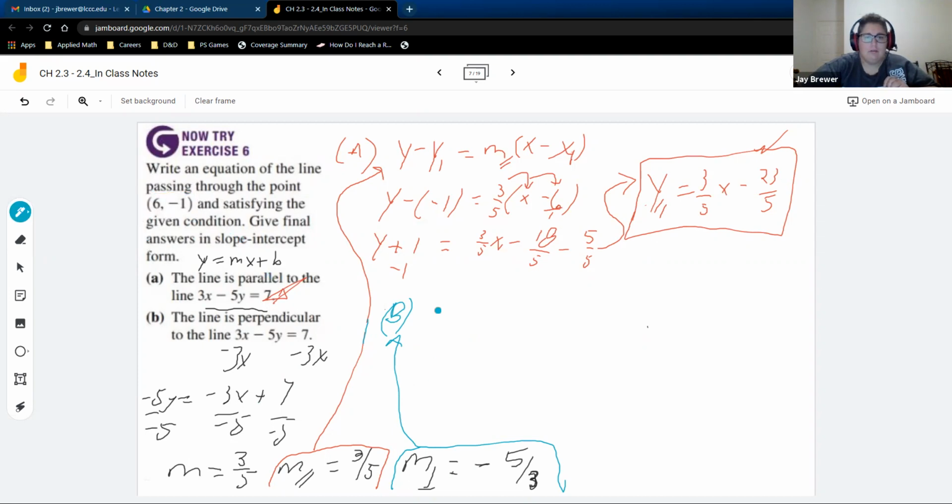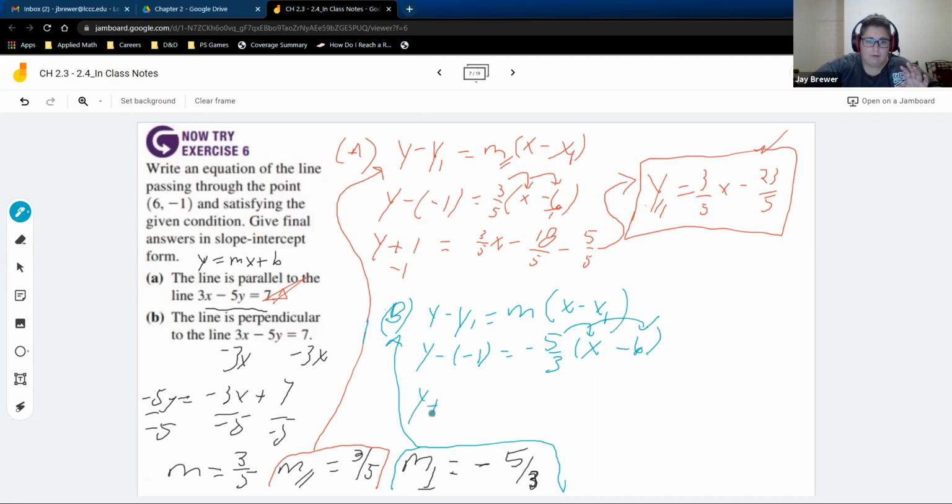So we're going to have y minus y1 equals m times x minus x1. Our slope changes now though. So we'll still have y minus negative 1, but now we'll have negative 5/3 x minus 6. We're going to distribute and simplify.